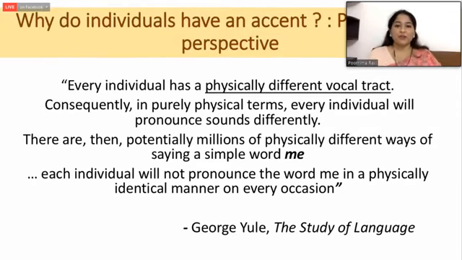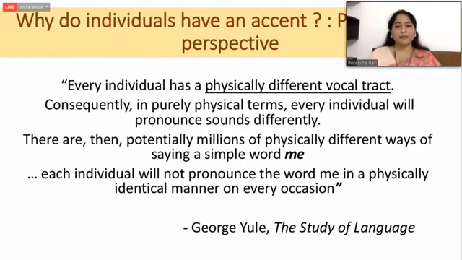Now you must be wondering, how do individuals have an accent? Let's look at a physiological perspective. Every individual has a physically different vocal tract. Like the size of your fingers would be very different to that of your brother's or sister's fingers. Likewise, the vocal tract would vary in different ways.